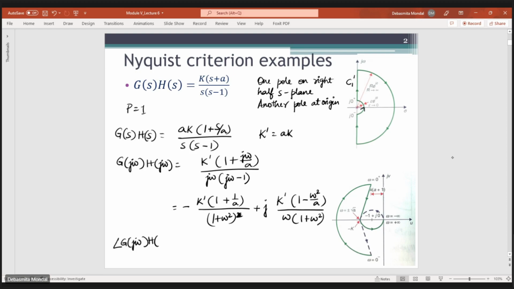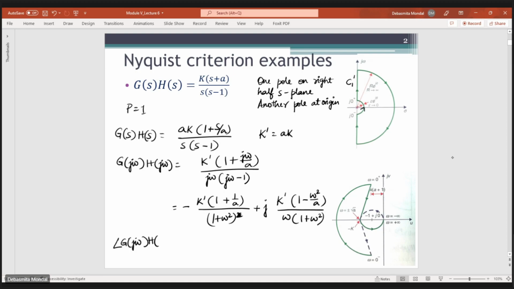So if we equate this imaginary part to 0, so this was the imaginary part, we will find 1 minus omega square by a is equal to 0. So omega will be equal to plus minus square root of a. But a is obviously given that a is greater than 0. And at this point, if you find out the magnitude of the given transfer function at omega square equal to a, that magnitude will be equal to minus k, right?